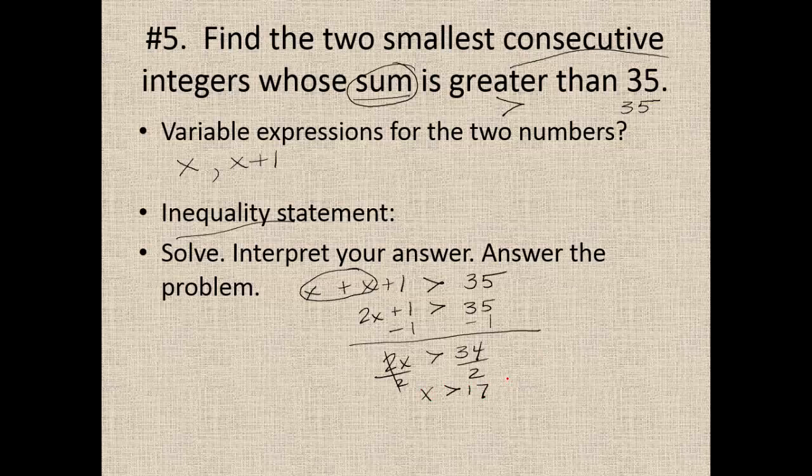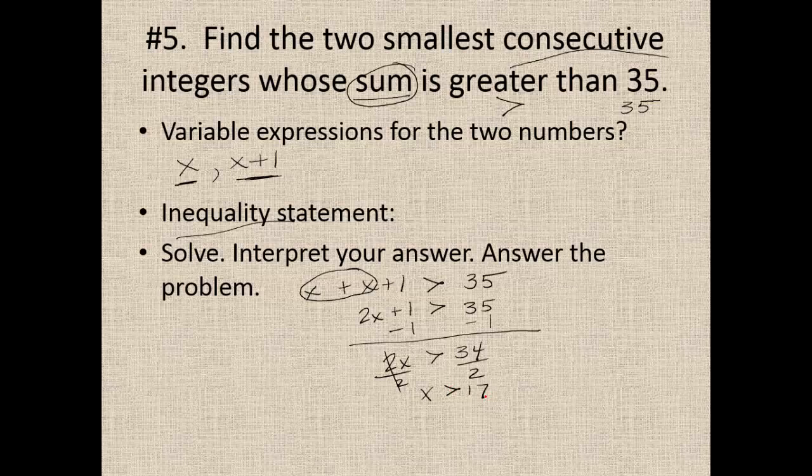Okay, that doesn't solve the problem. That's just solving for the variable in the problem. Now let's go back and see what we're looking for. We're looking for the two smallest consecutive integers whose sum is greater than 35. Okay, so we were looking for x and x plus 1, and we've discovered that x has to be greater than 17.